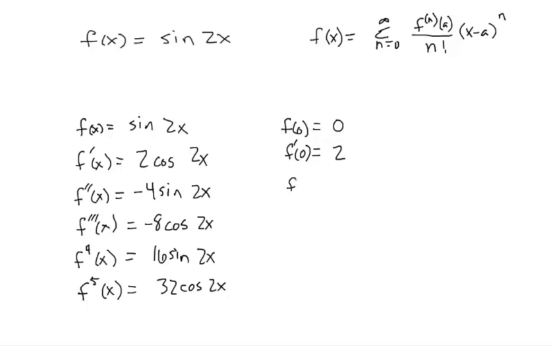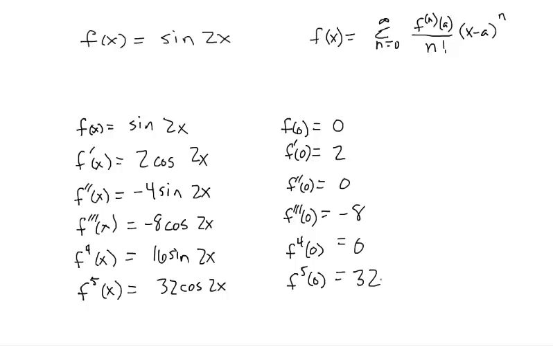F double prime of 0 is equal to 0. F triple prime of 0 is equal to negative 8. F 4 prime of 0 is equal to 0. And f 5 prime of 0 is equal to 32.